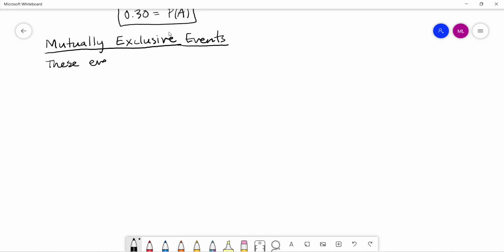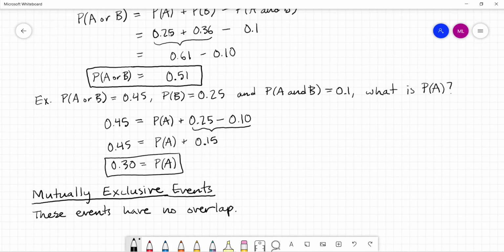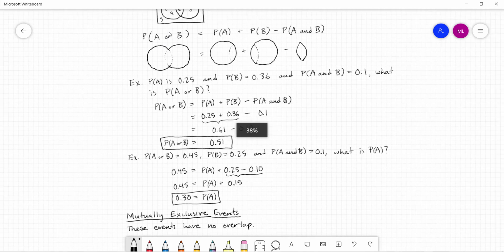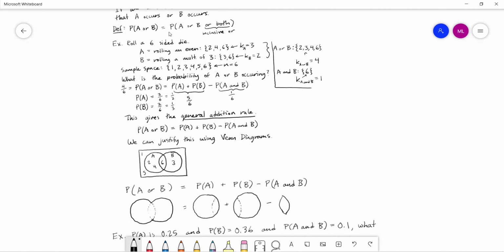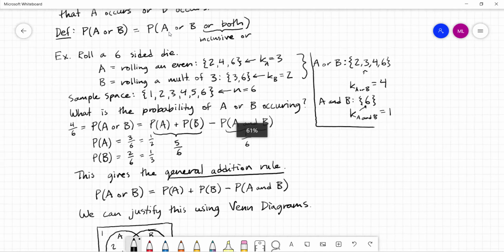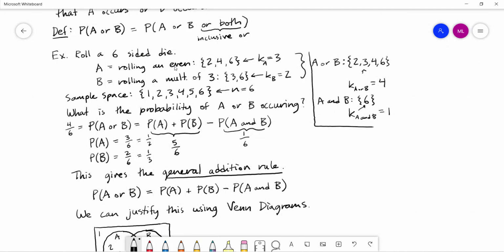These events have no overlap. So there is nothing in common between the two. So going back up to our example, way back up here, rolling an even, rolling a multiple of 3, they are not mutually exclusive because they shared the 6. 6 showed up in both.